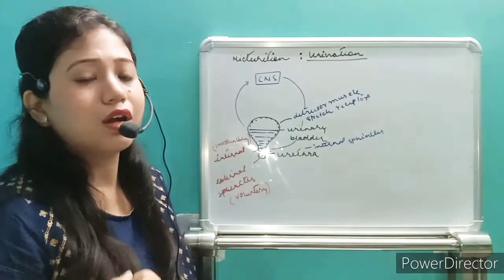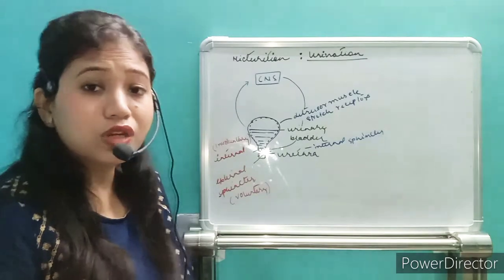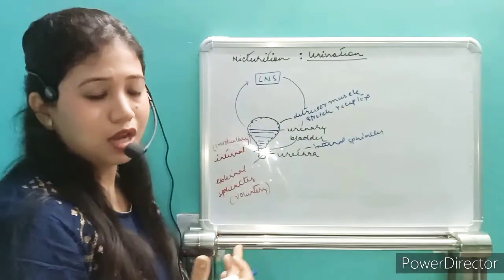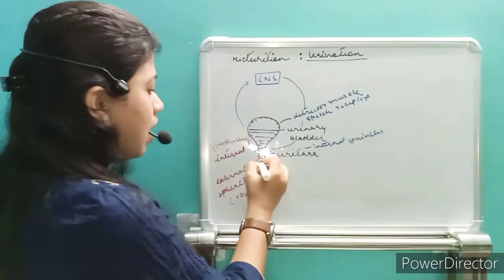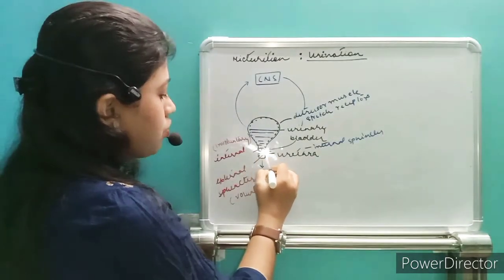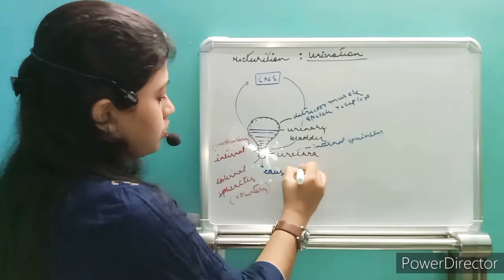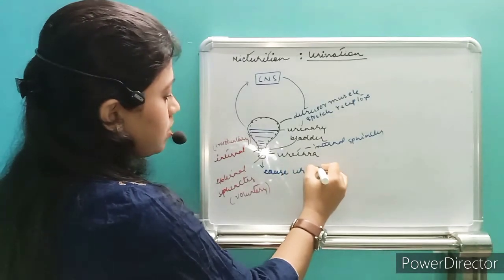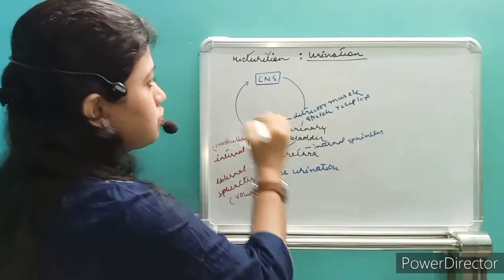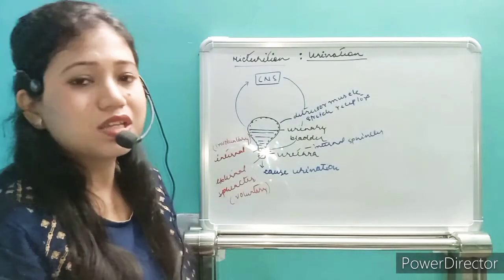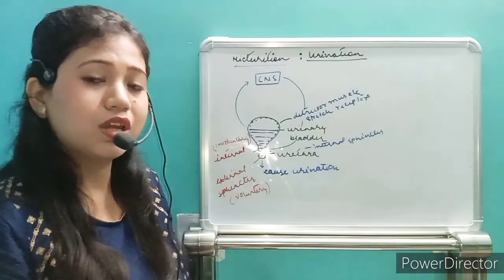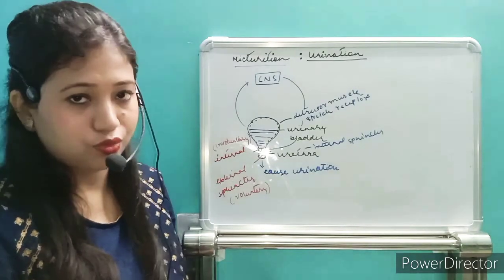So whenever we go to urinate, voluntarily, according to our wish, we relax this external sphincter, and that causes urination. This is the mechanism behind urination, which is under both neural as well as muscular control.